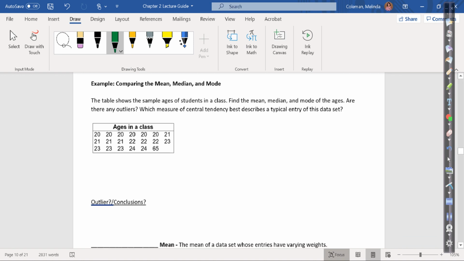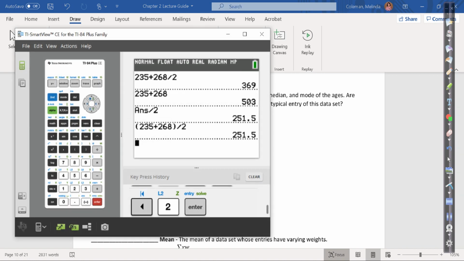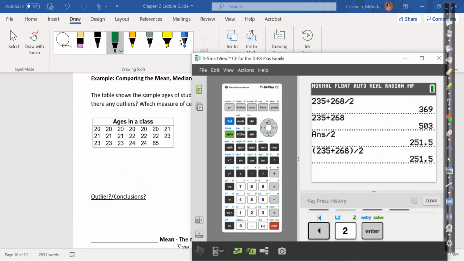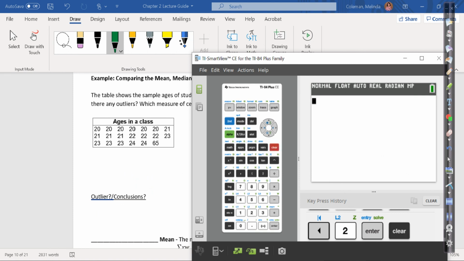So first thing I'm going to do is find the average. So if I get my calculator out, I'll do 20 times 6, I can shortcut it, plus 21 times 4, plus 22 times 3, plus 23 times 4, plus 24 times 2, plus 65.